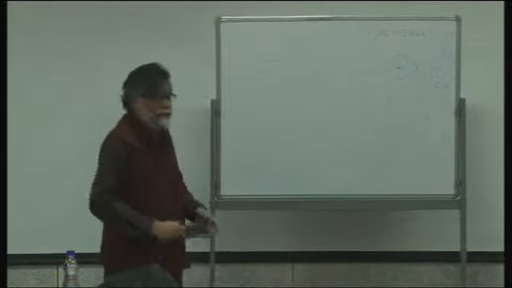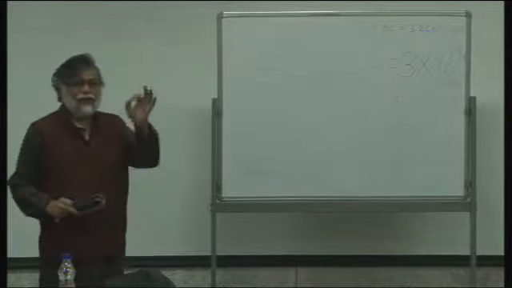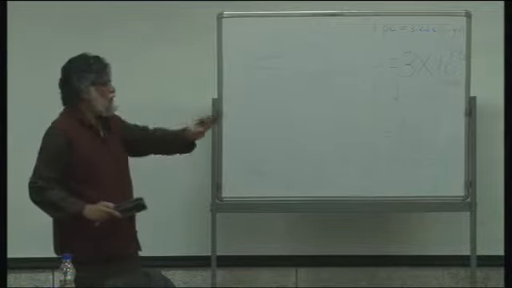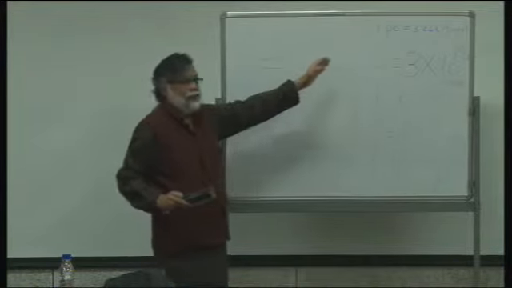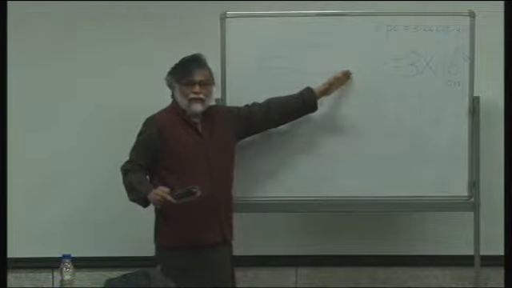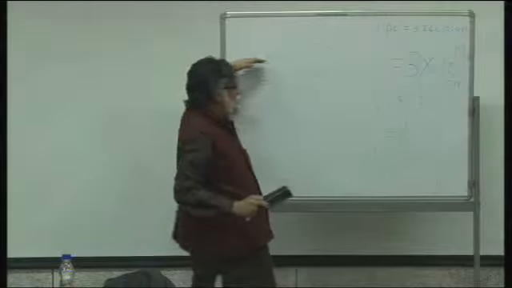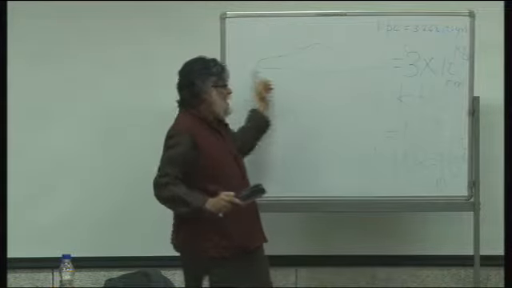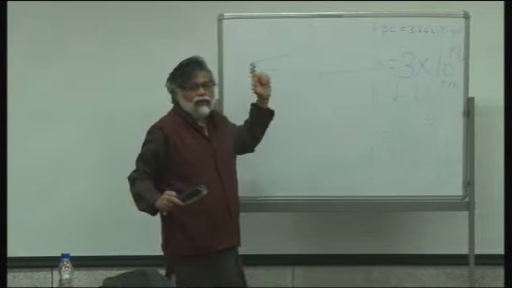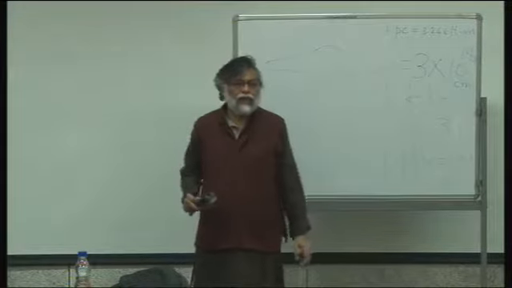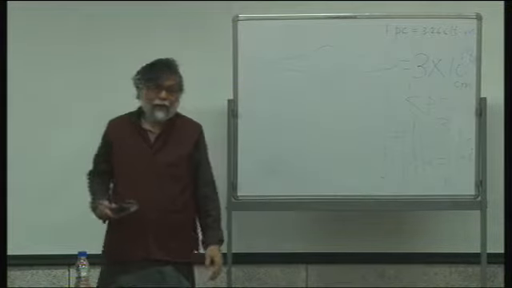If you start measuring the velocities of stars in spiral galaxies, the stars which are part of the disk, they all have circular rotation about the center of the galaxy. All right?